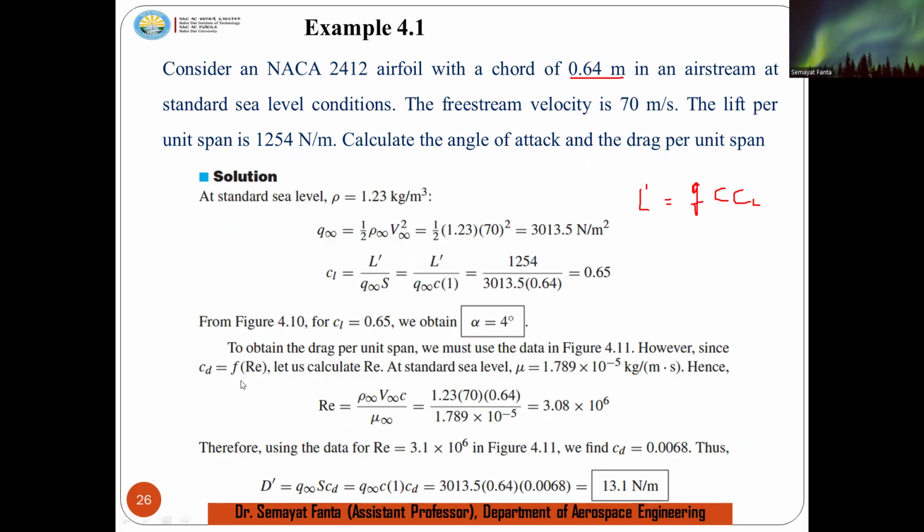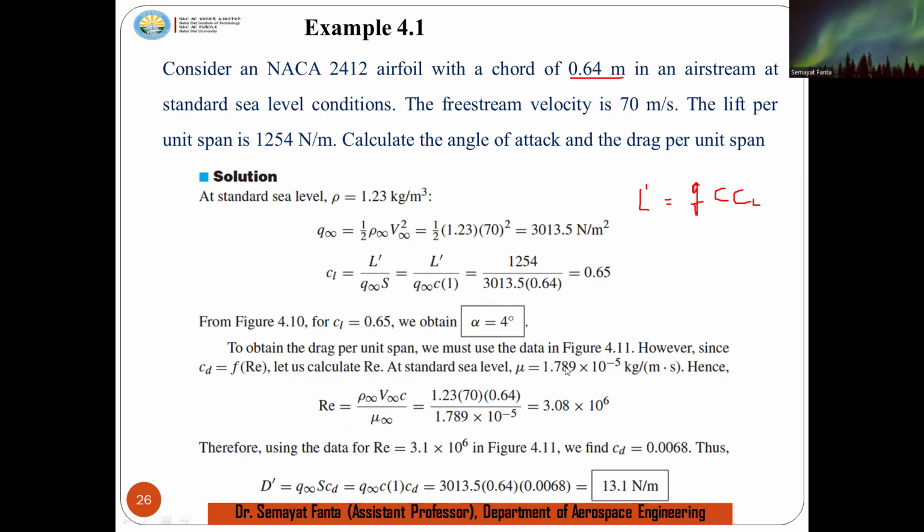Again, to obtain the drag polar per unit span, we must use the data in figure 4. Since CD is a function of Reynolds number, we can calculate a Reynolds number. So Reynolds number is equal to rho V C over mu. So mu is already known for such fluid.